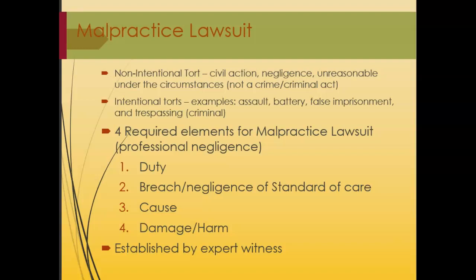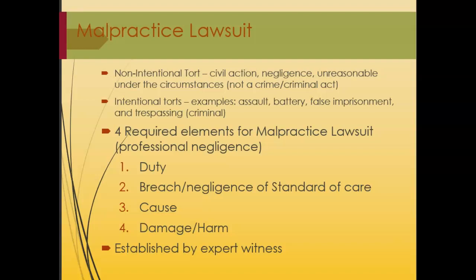They are looking to see if they can establish that the person that was taking care of them, or had a duty to provide care to them, is very clear, that that person who had a duty to provide care breached or was negligent in terms of what the typical standard of care for that profession is, and that the actual breach or negligence was the root of the true cause, or a huge contributing cause to damages and harm that the patient experienced.